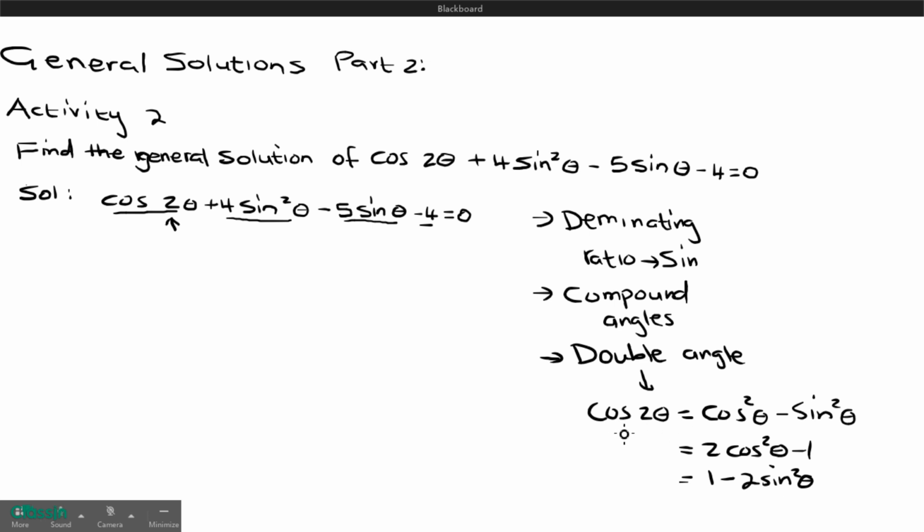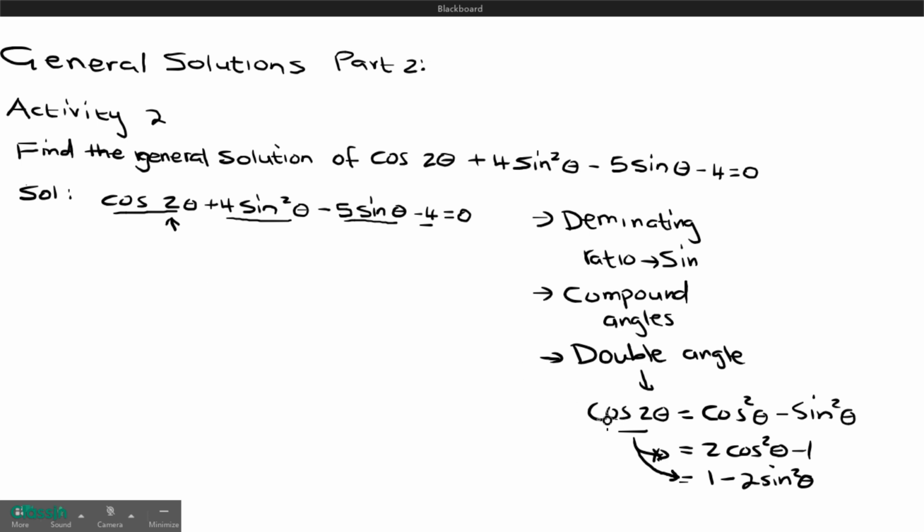Now, because we have cos 2 theta, we could dissolve it as 2 cos squared theta minus 1. Sorry, not that one. Because the dominating factor is sine, we are going to choose sine instead of cos.